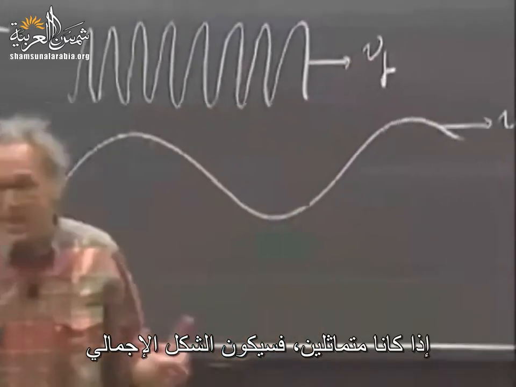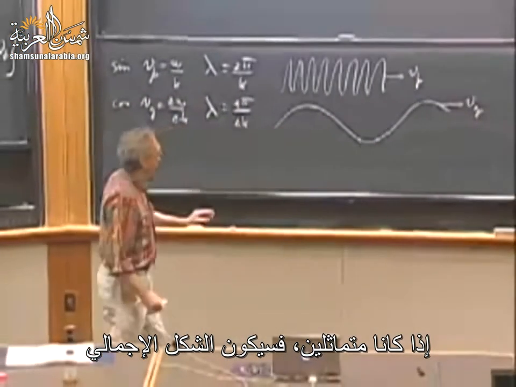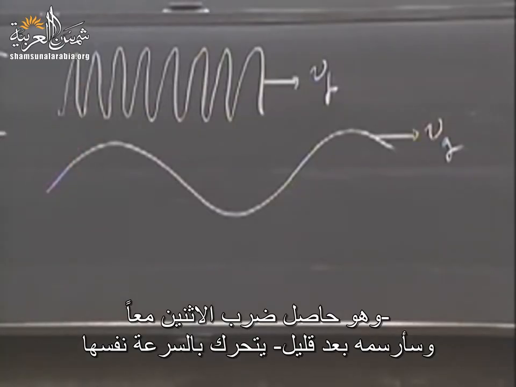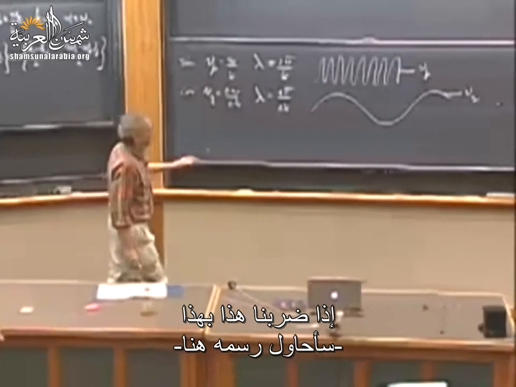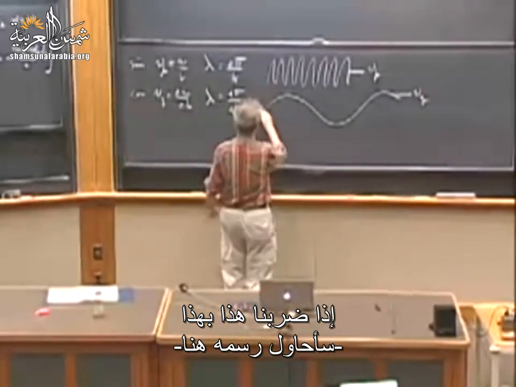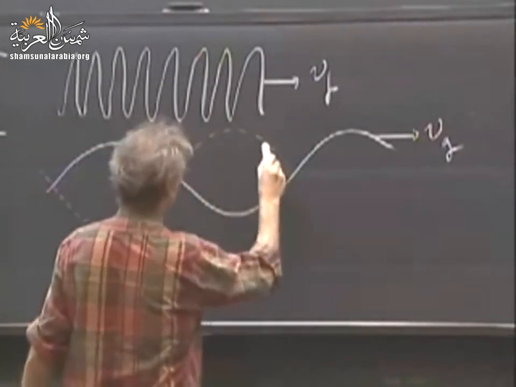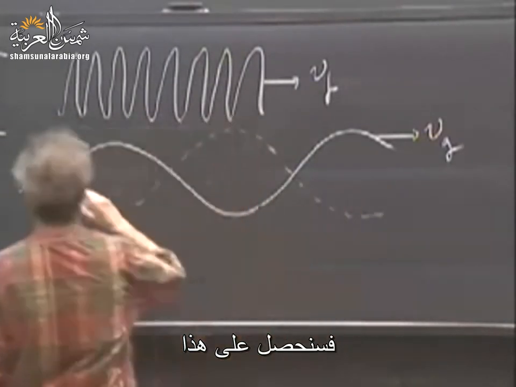And if the two are the same, then this overall pattern, which is the product of the two, which I will put in shortly, moves with the same speed. If I multiply this with this, and I will try to do that here, you will get this.